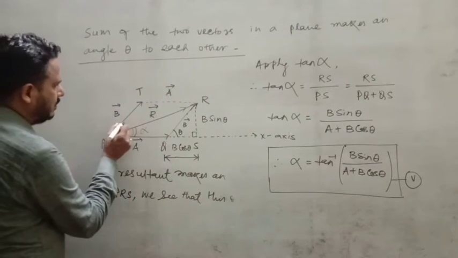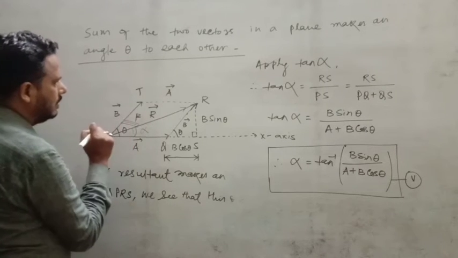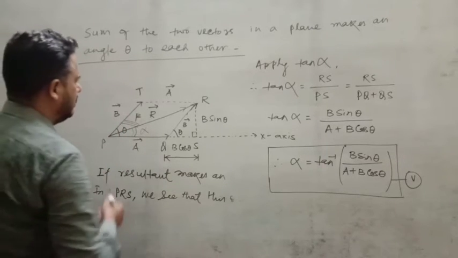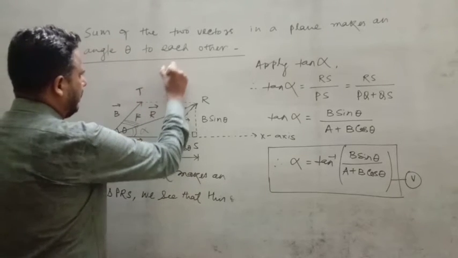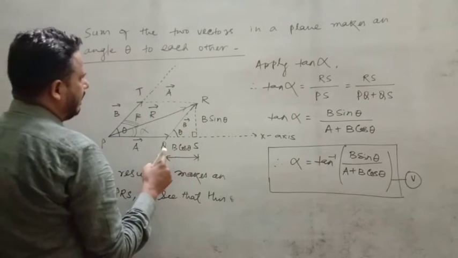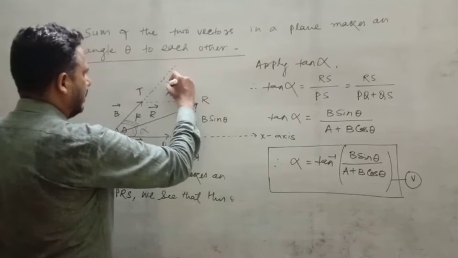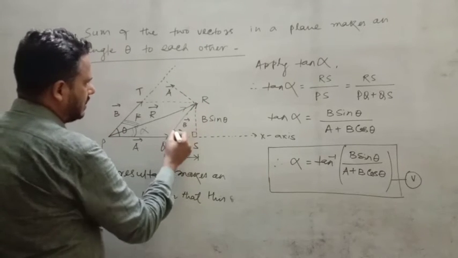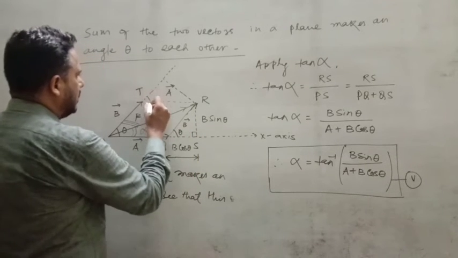So for this you just need to extend this line ahead like that, and draw a perpendicular line from this vector a. You are seeing that if this makes an angle theta with this line from vector a, the same angle theta is there also.